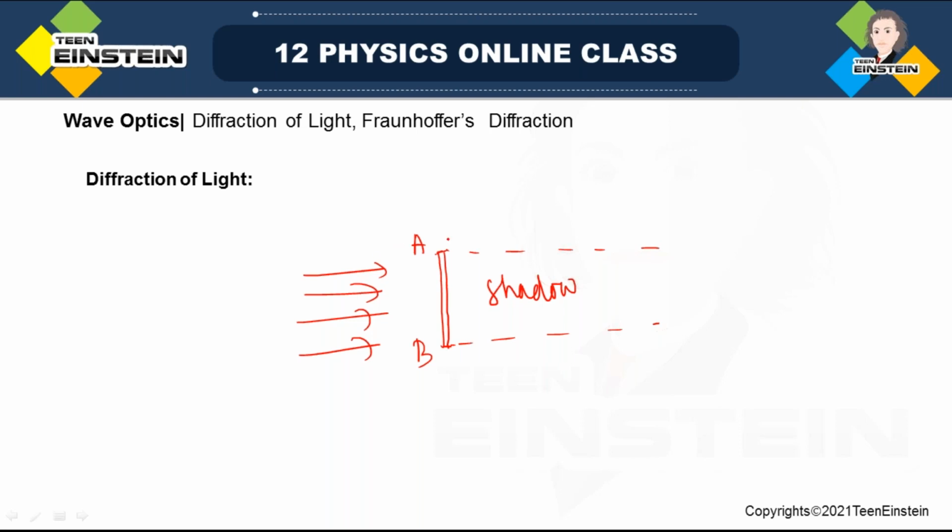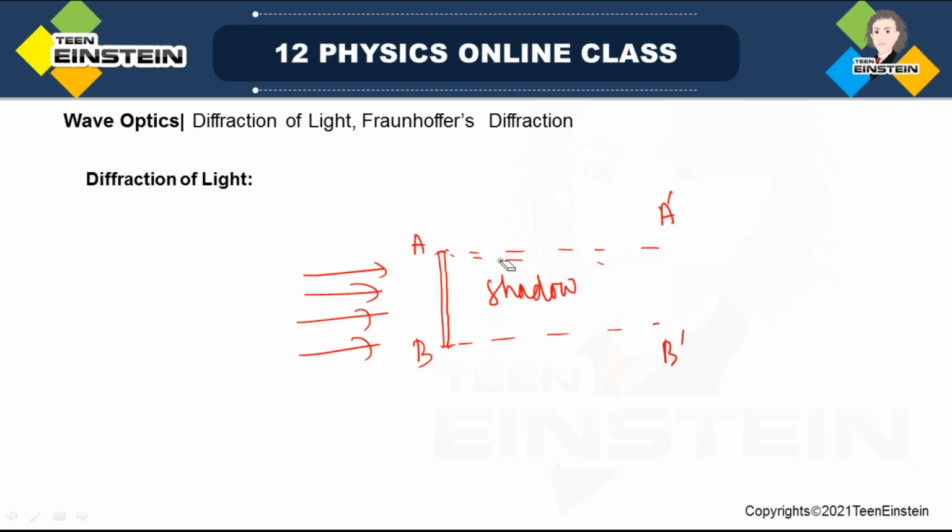But actually, light gets bent at this particular region.